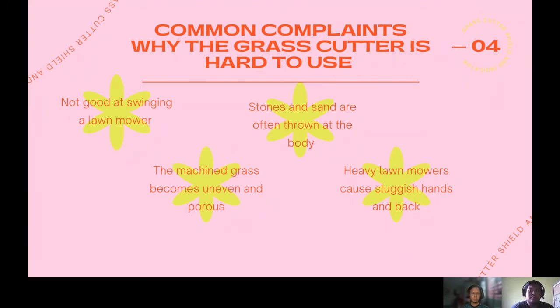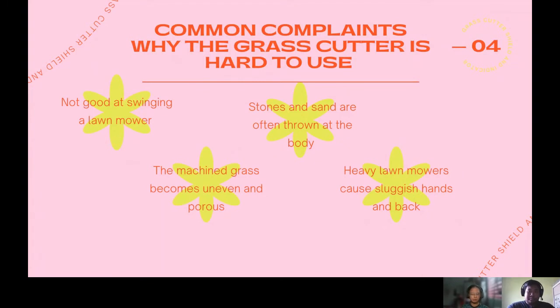We also know the lawnmower is very heavy and people such as women do not have enough power or energy to use it. Next, stones and sand are often thrown at the body. This is the most common complaint we get. Next, the machine cuts the grass unevenly because the grass mass collects and gets stuck. Lastly, heavy lawnmowers cause sluggish hands and back pain.